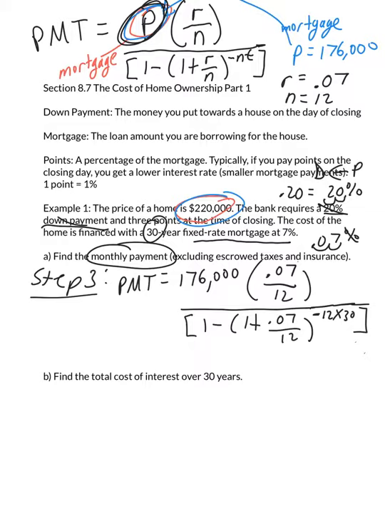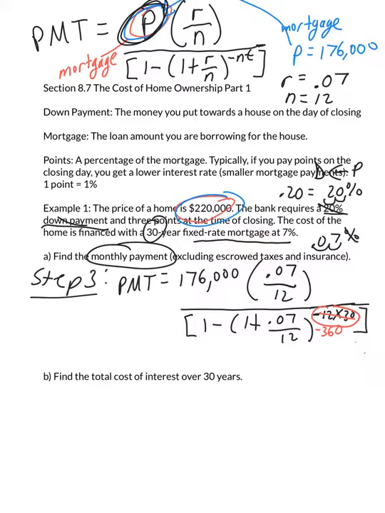So just like with the previous videos, I'm going to do the exponent first before I plug the whole thing into the calculator. So I'm going to do the negative 12 times 30, which gives me negative 360. Please keep in mind it's an exponent. I didn't have anywhere to write, so it's no longer floating in the air like it should be, but let's pretend my negative 360 is floating in the air because it does represent an exponent.